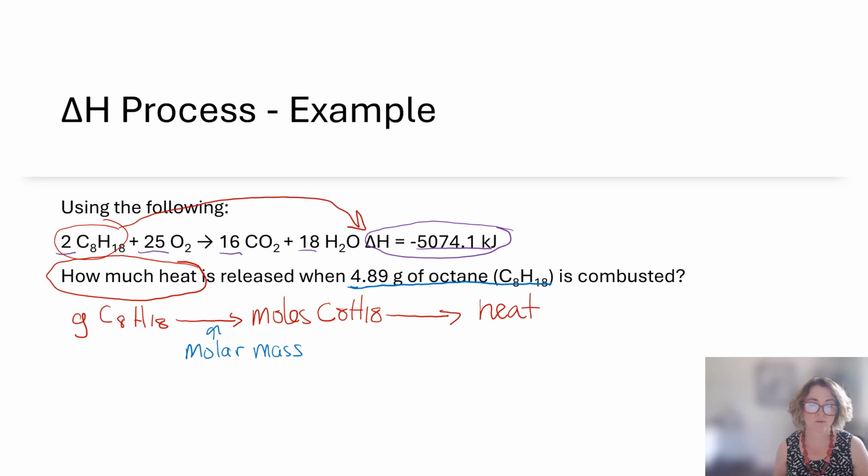I know that I have 2 moles of octane for every 5,074.1 kilojoules of heat. And this is going to come right from my mole map. This is where I'm going to incorporate that stoichiometry.